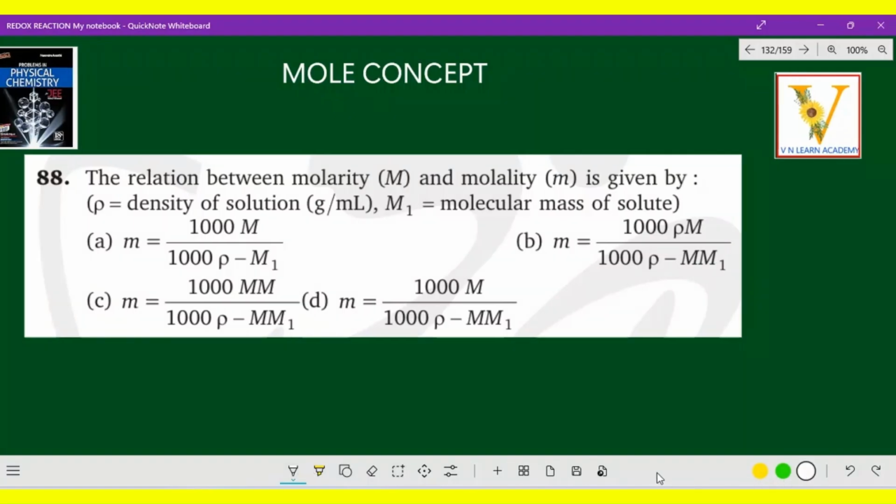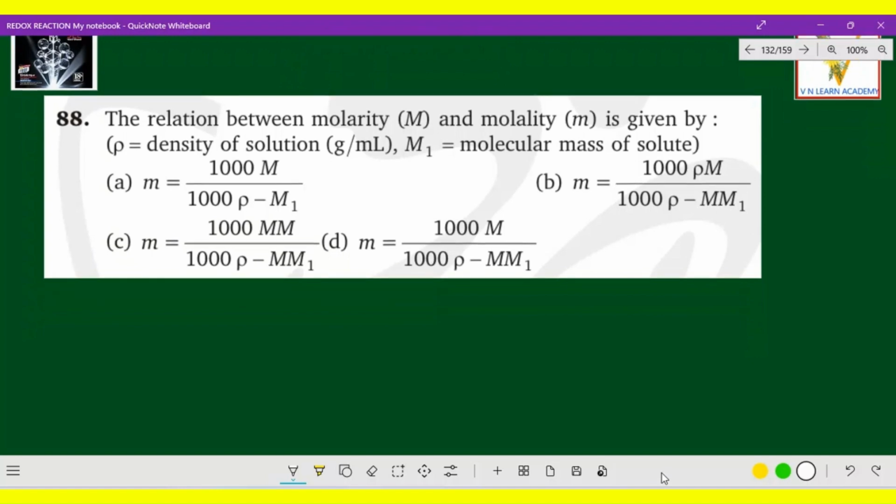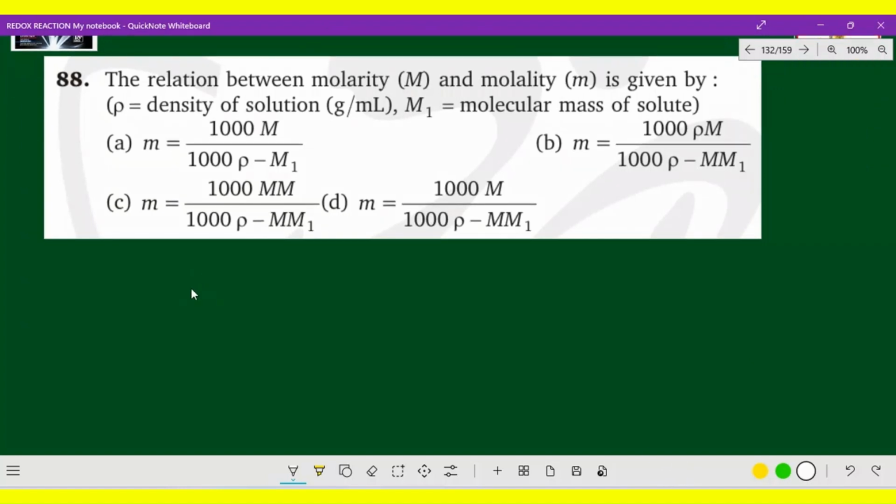So generally molarity is the number of moles of solute divided by volume of solution in liter, right? The same way molality is the number of moles of solute divided by mass of solvent in kg. So molarity we consider for the concentration of the solution, and for molality we always remember it is kg, that means the solvent mass in kilogram. Now come on, let me write that formula for you.